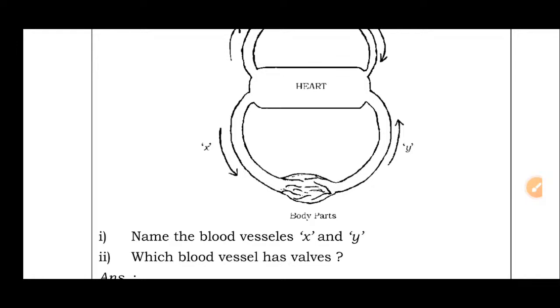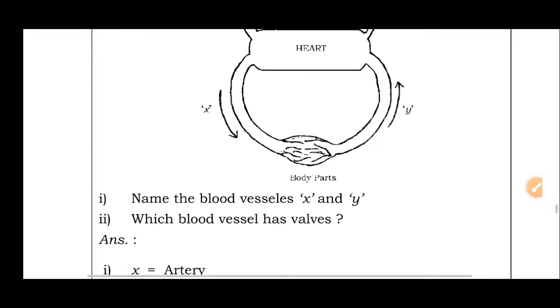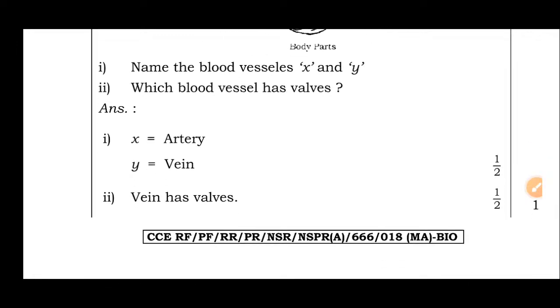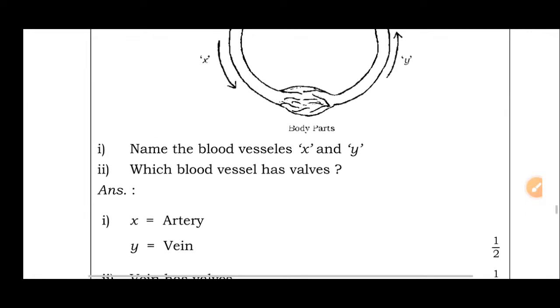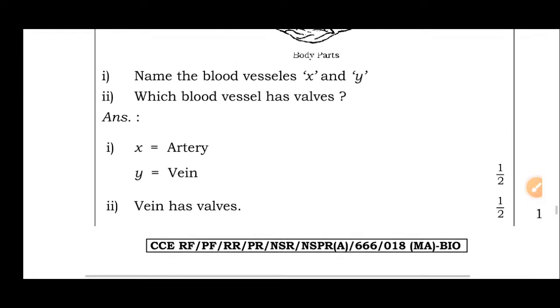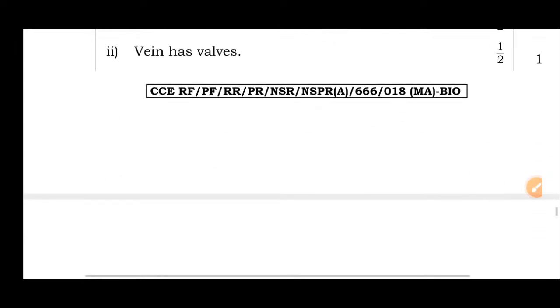The vessels that bring deoxygenated blood or any other kind of blood to the heart are veins. That's why X is artery and Y is vein. Then another question: name the blood vessels X and Y, and which blood vessel has valves? Veins have valves, to stop the backward flow of blood.